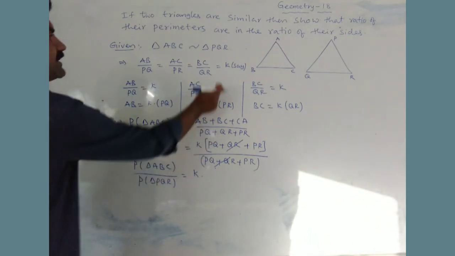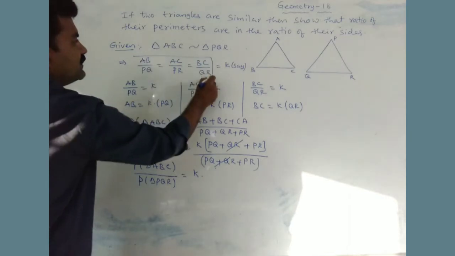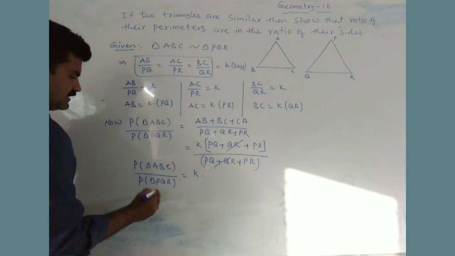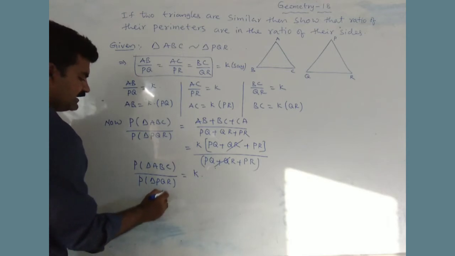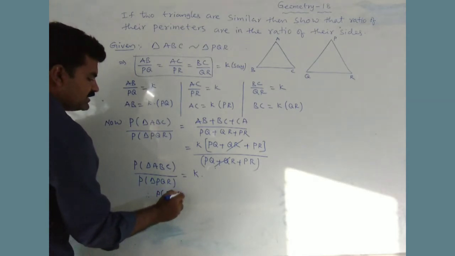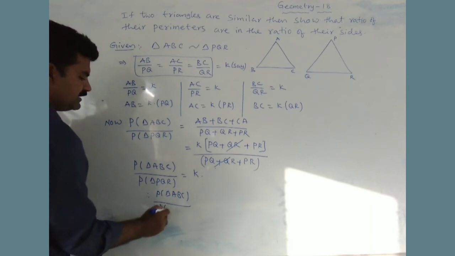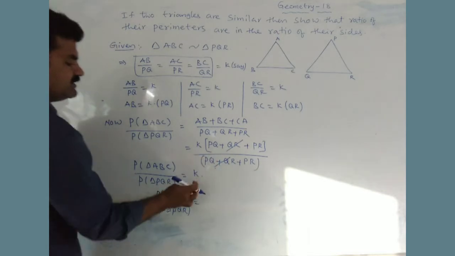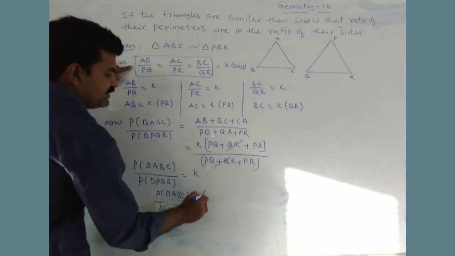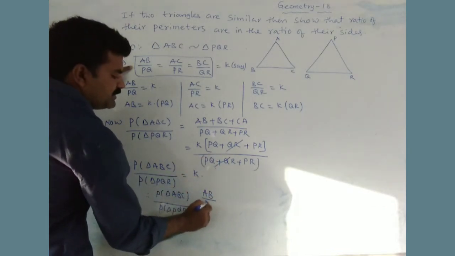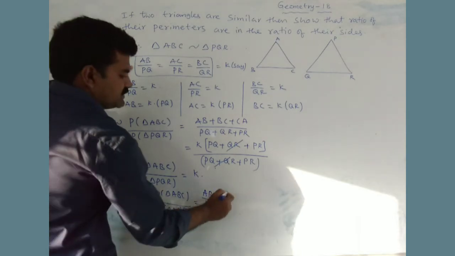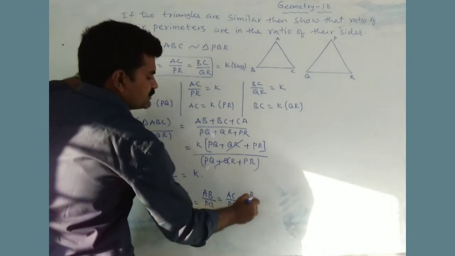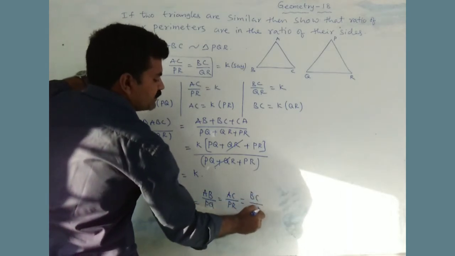But what we considered K is this: K is nothing but the ratio of their corresponding sides. Hence, we can declare that the ratio of perimeters of two similar triangles is equal to K, meaning AB by PQ, which is equal to AC by PR, which is equal to BC by QR.